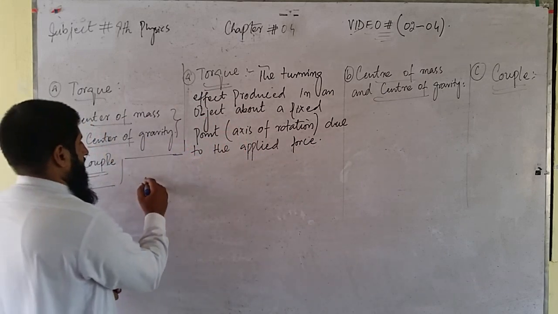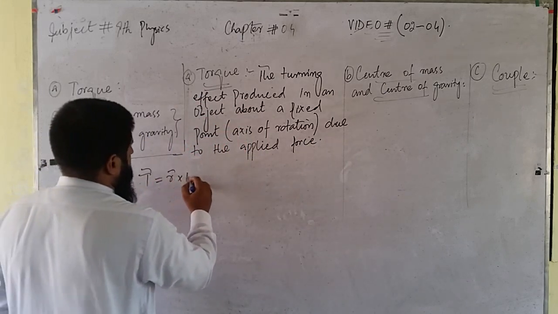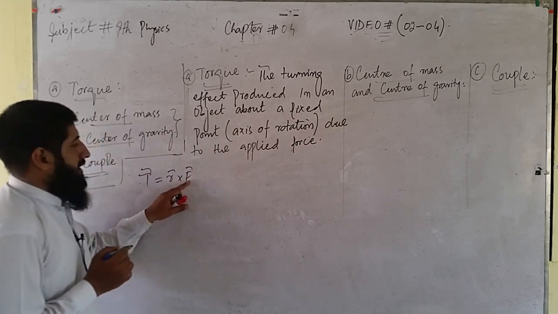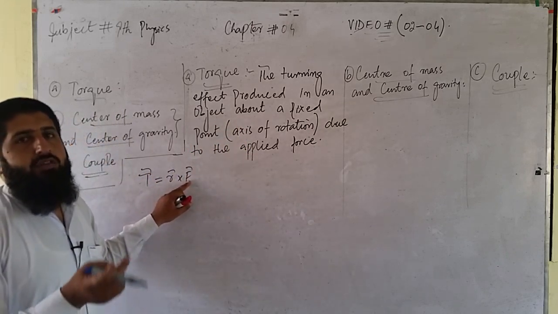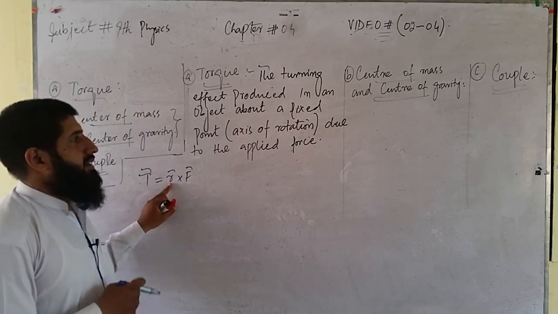Mathematically, the vector can be written as R cross F. Here F represents the force which is acting and R represents the moment arm.